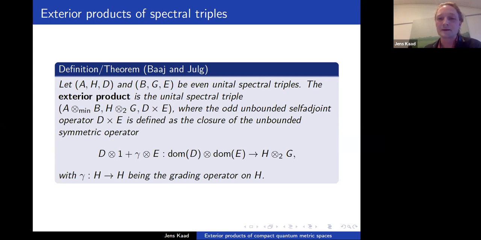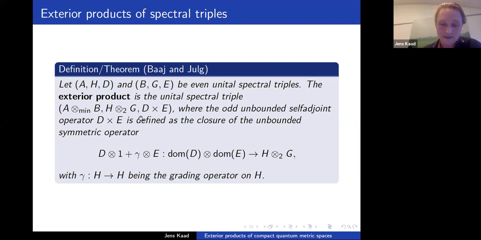You define it as the closure of an unbounded symmetric operator, namely this tensor sum, D tensor 1 plus gamma tensor E, which is a priori just defined on the algebraic tensor product of the two domains. And it takes values inside the Hilbert space tensor product. So you take the closure of this unbounded symmetric operator, you get the unbounded product operator here.